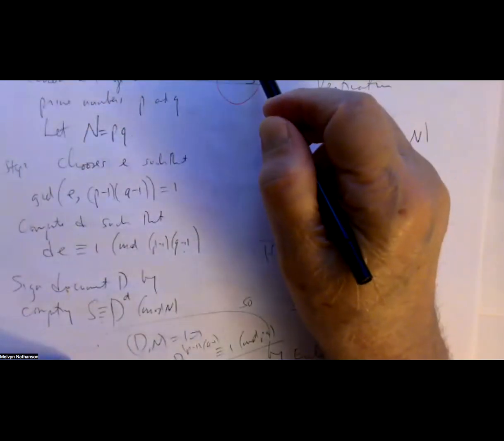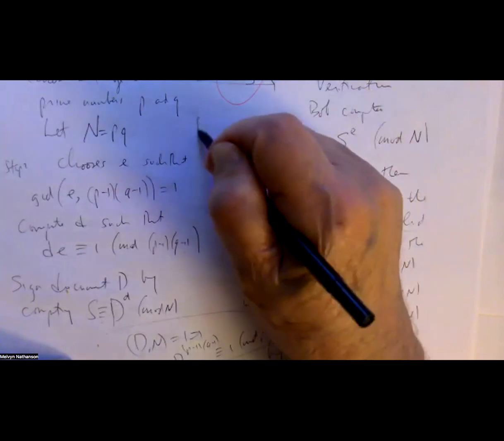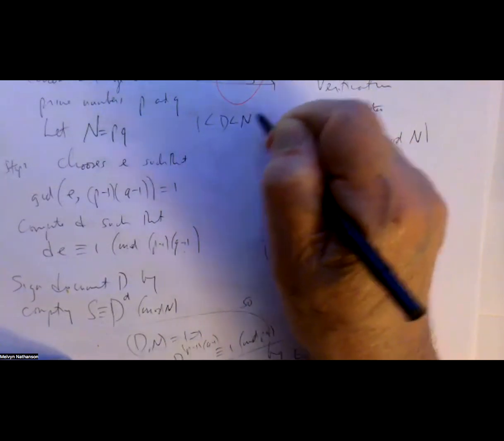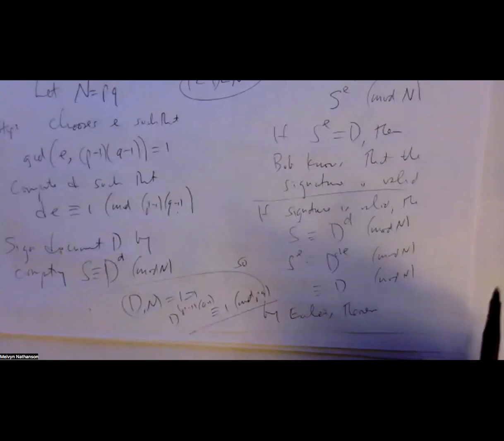And I should say, just to emphasize this, we choose D to be in the range between 1 and N. Or you choose N to be bigger than D. You choose P and Q so that P times Q is bigger than D. And that's it.